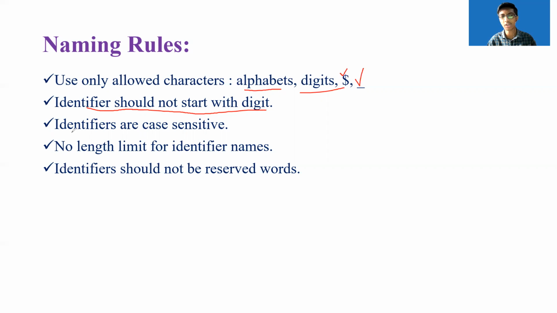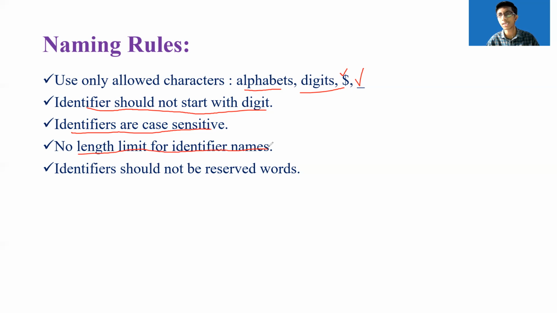Identifier names are case sensitive, meaning lowercase and uppercase are different. They will be treated as different identifiers or different memory locations. And there is no length limit for identifier names in Java. You can take the identifier name as per your wish, but if you take very long names, they don't sound meaningful.